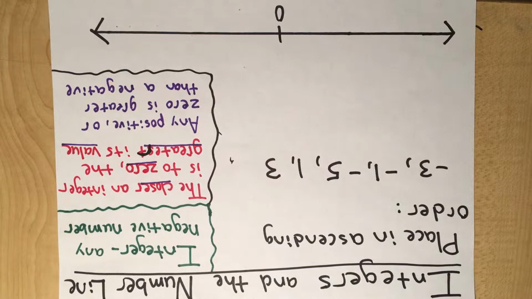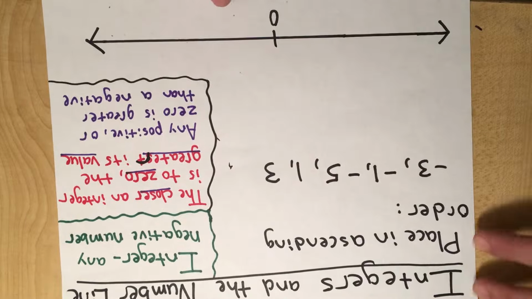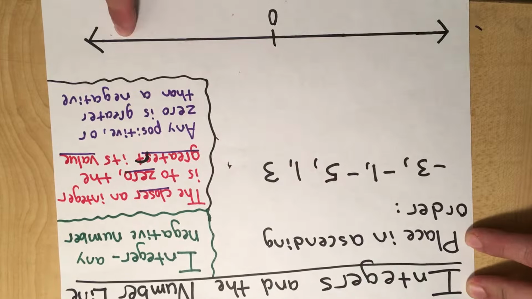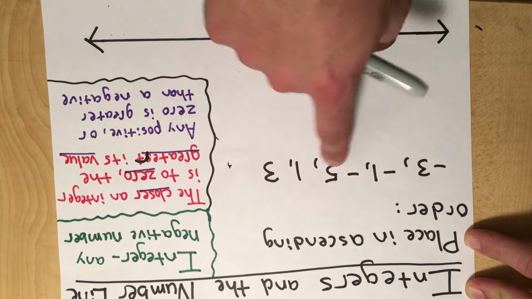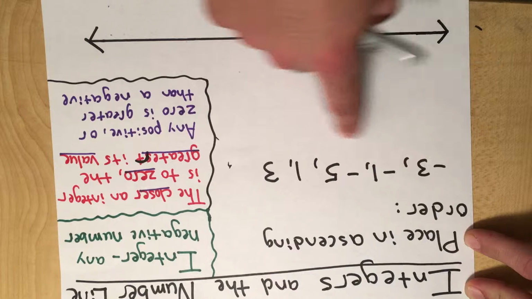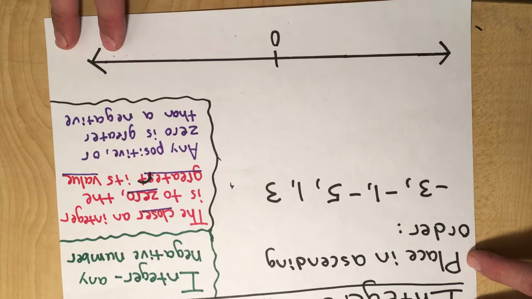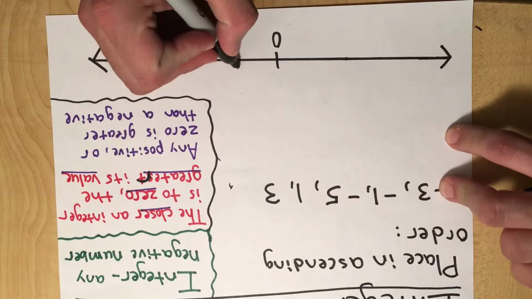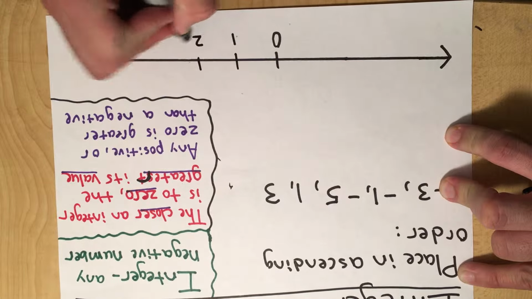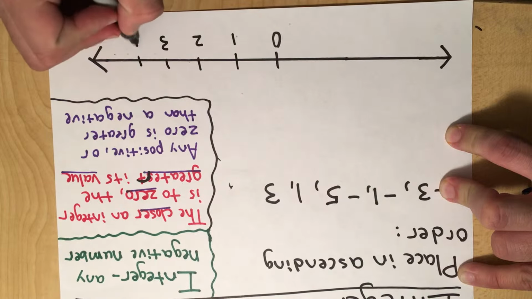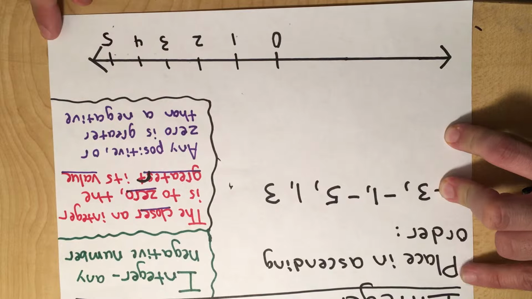The very first thing we're going to do is create our number line so that we can put these in order. Now remember, to the right of the number line we have our positive numbers, and to the left we're going to put our negative numbers. Since our biggest number here is 5, let's make our number line go all the way up to 5 on both ends. It's going to be +1, +2, 3, 4, and 5.